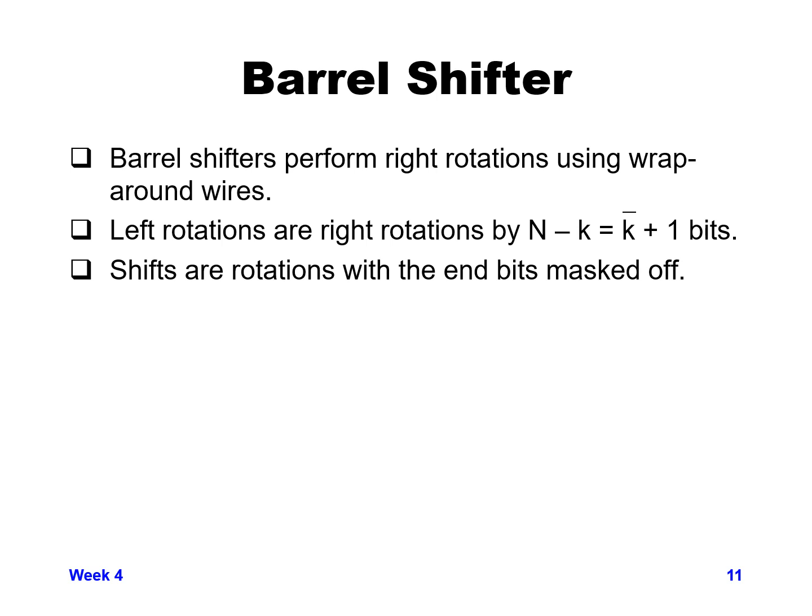And it's also worth noting that rotating right by n minus k is equal to inverting k and adding 1. So if we rotate right by inverting k plus 1 additional bit, it's equivalent to rotating left by k.